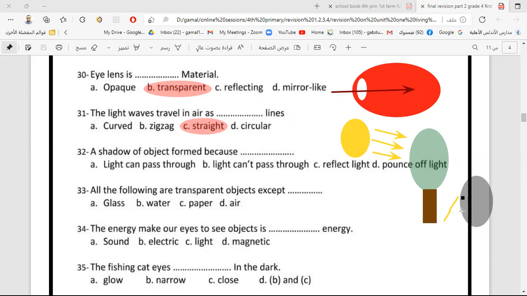The shadow is formed here for the tree because the light can pass through or cannot pass through the tree. Cannot pass. So what is the correct answer? Light can't pass.